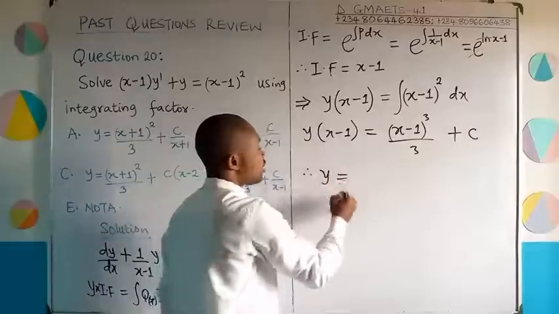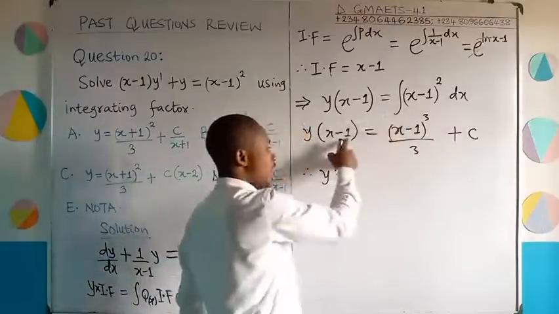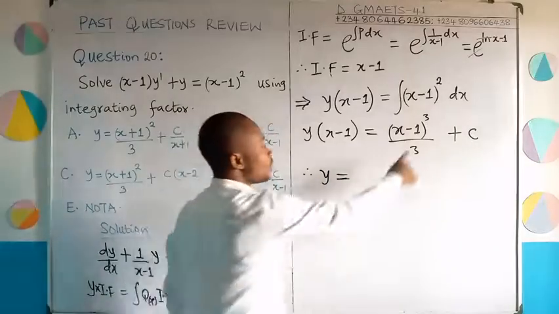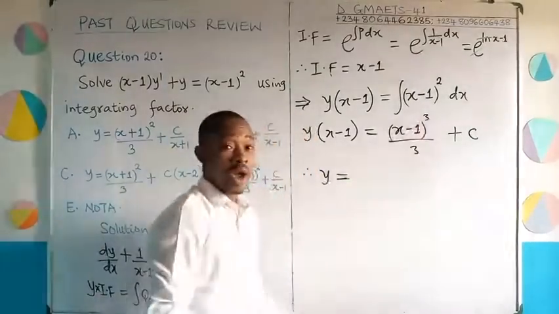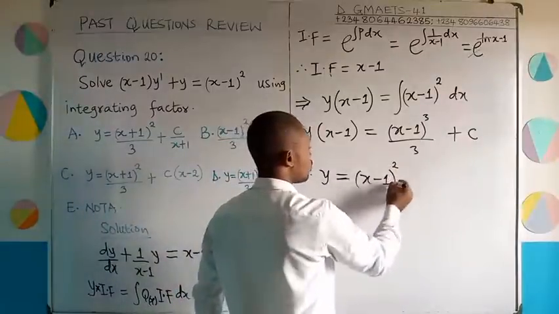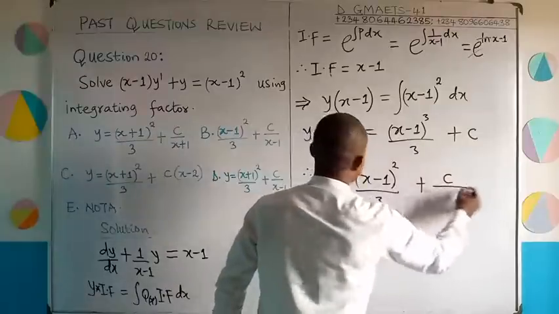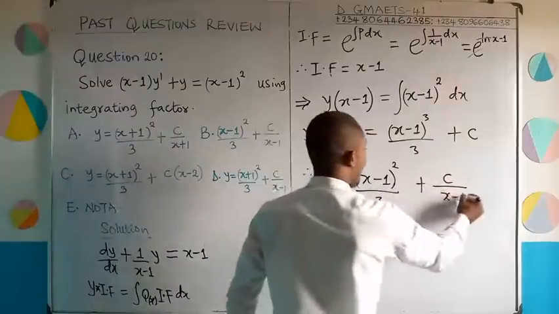Doing that, y will be equal to this term divided by x minus 1. What simply happens is the power 3 is reduced by 1, so you get power 2 there: (x minus 1) raised to power 2 over 3, plus the constant of integration divided by x minus 1.